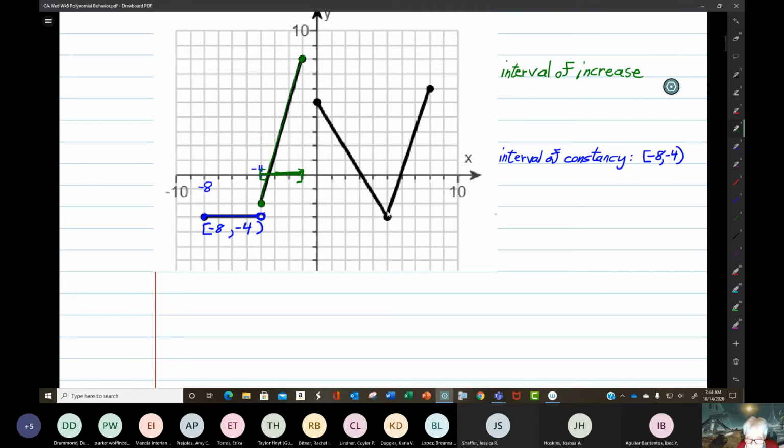So let's come up here. Got to find out what these numbers are first. 1, 2, 3, 4, 5. And down here, 6, 7, 8.